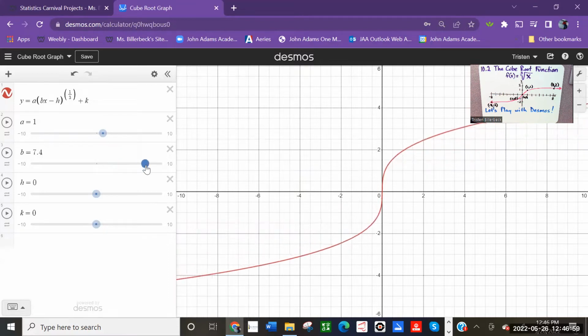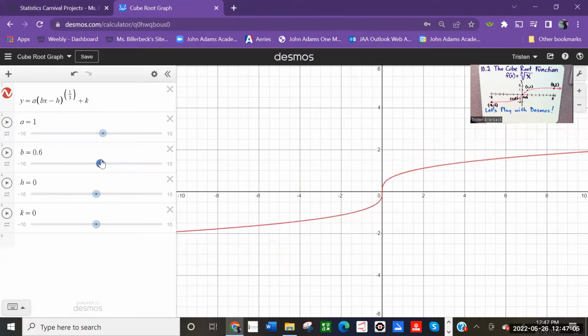So that becomes a horizontal compression. It's compressing away from the x. Okay, so again, when the coefficient of x is in the grouping symbol, it tends to associate with how it's affecting its relationship with the x-axis, as opposed to if it was outside the grouping symbol.